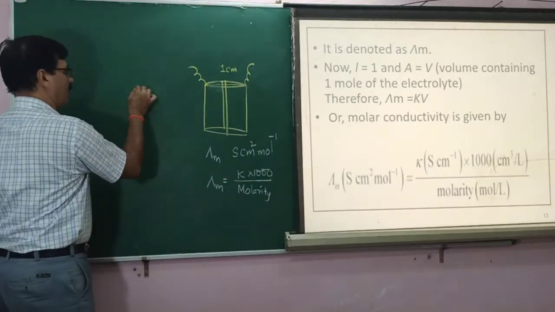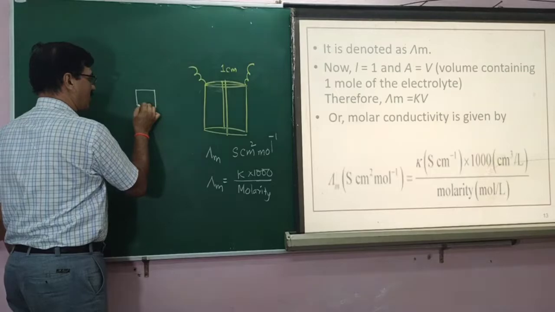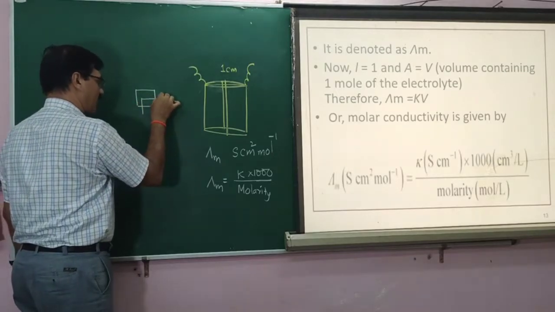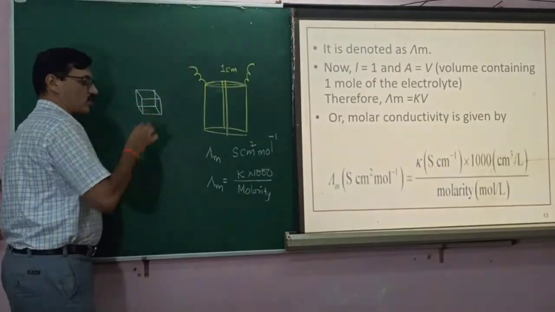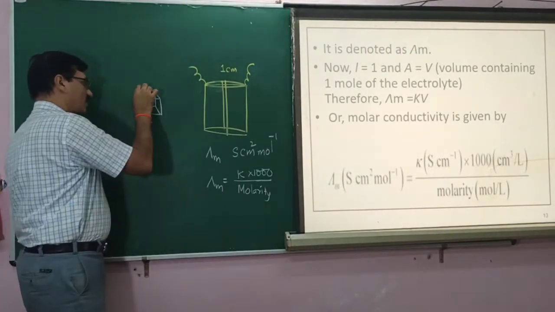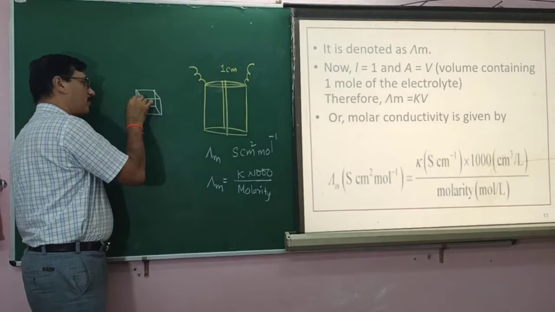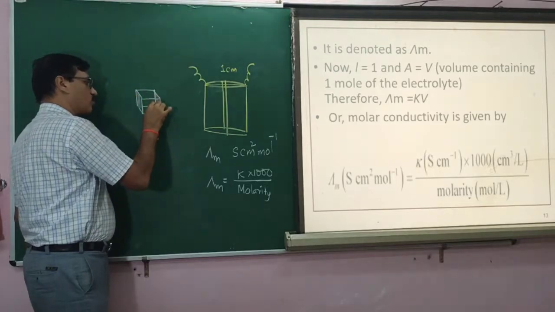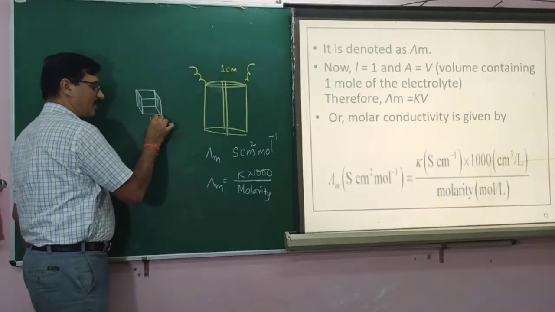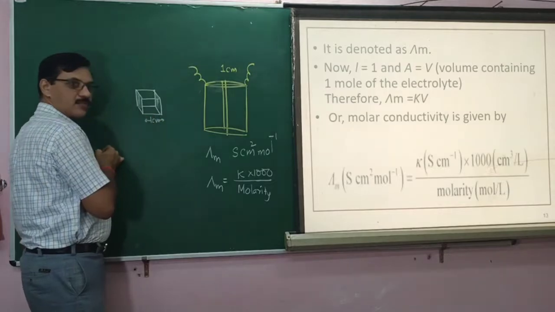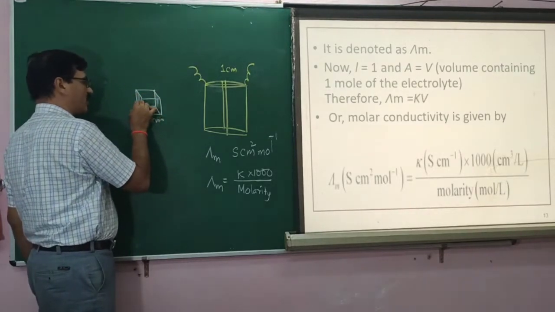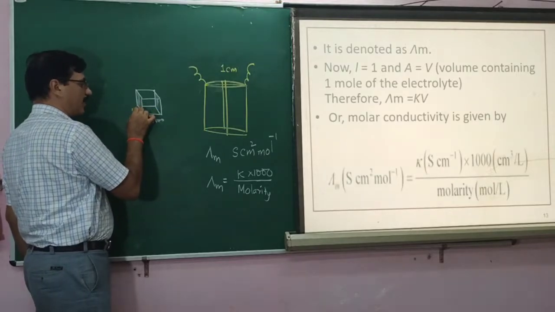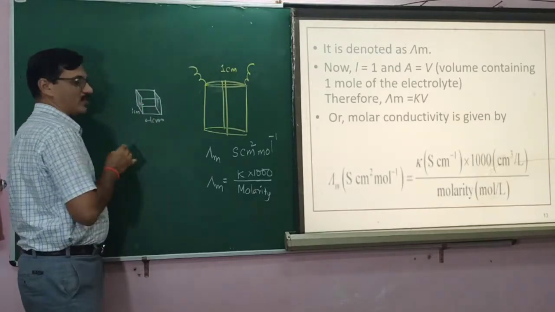Remember that if it is conductivity, then we have to take a unit cube of a solution. Suppose there is a solution kept between these electrodes which are 1 centimeter apart, and the area of this cross section is 1 centimeter square. That means breadth is also 1 centimeter, height also 1 centimeter.